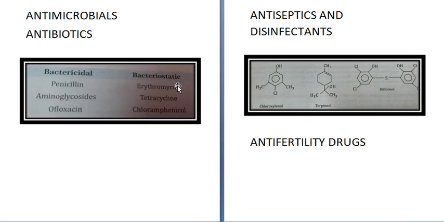Bactericidal, that means these are killing the bacteria, and bacteriostatic, that means they are preventing the growth of bacteria. In bactericidal, you have penicillin, aminoglycosides, and ofloxacin, whereas in bacteriostatic, you have erythromycin, tetracycline, and chloramphenicol, etc. Antibiotics which can kill or inhibit a wide range of gram-positive or gram-negative bacteria are said to be broad-spectrum antibiotics.